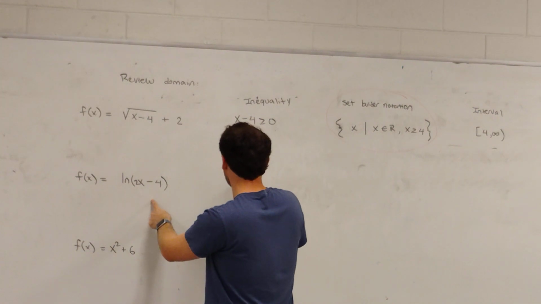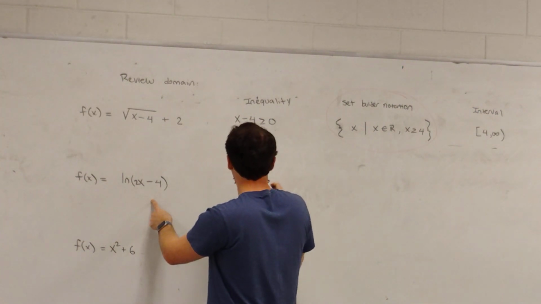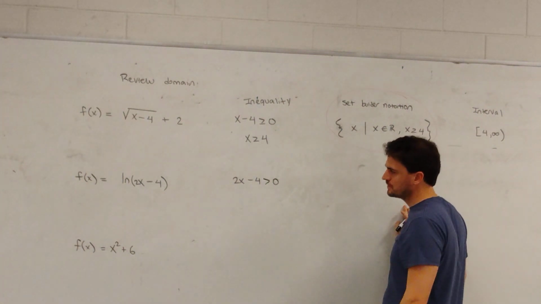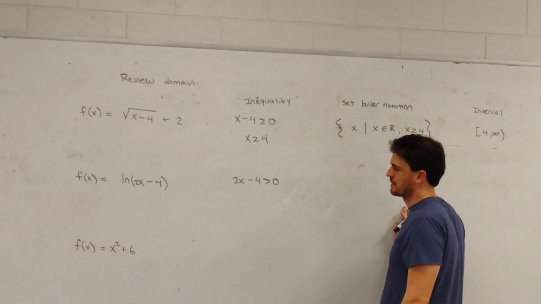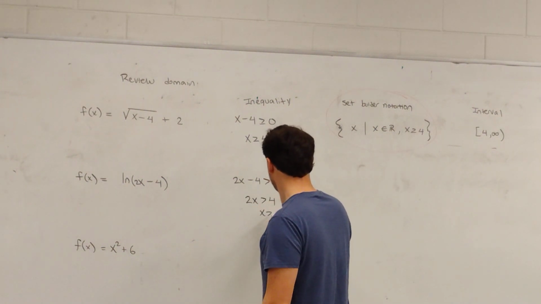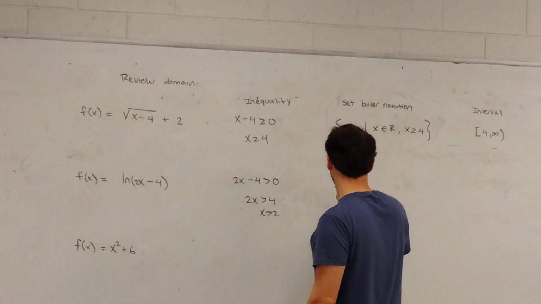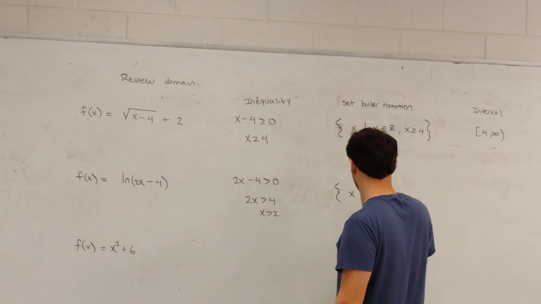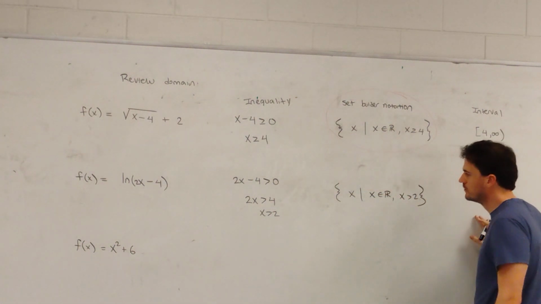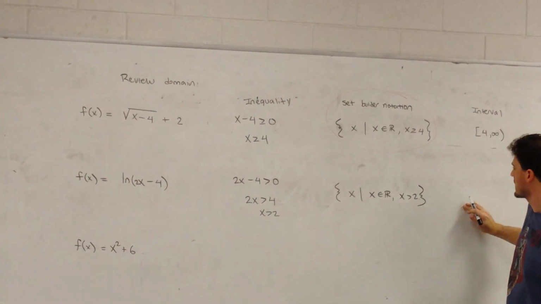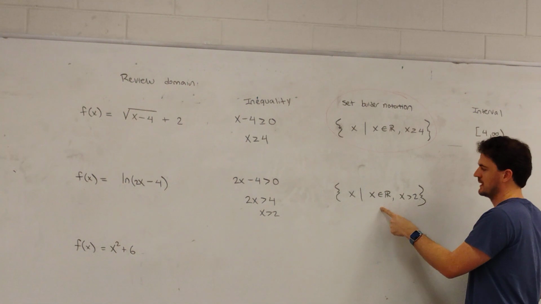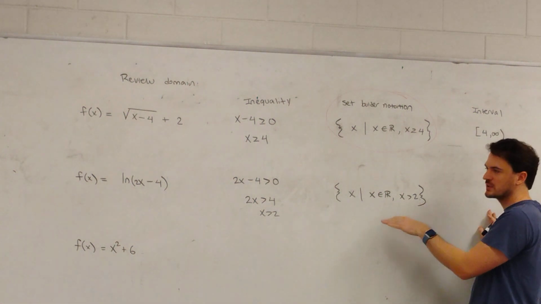It means that everything inside the natural log has to be strictly greater than 0. So I'm going to say all values of x, x is a real number, such that x is strictly greater than 2.